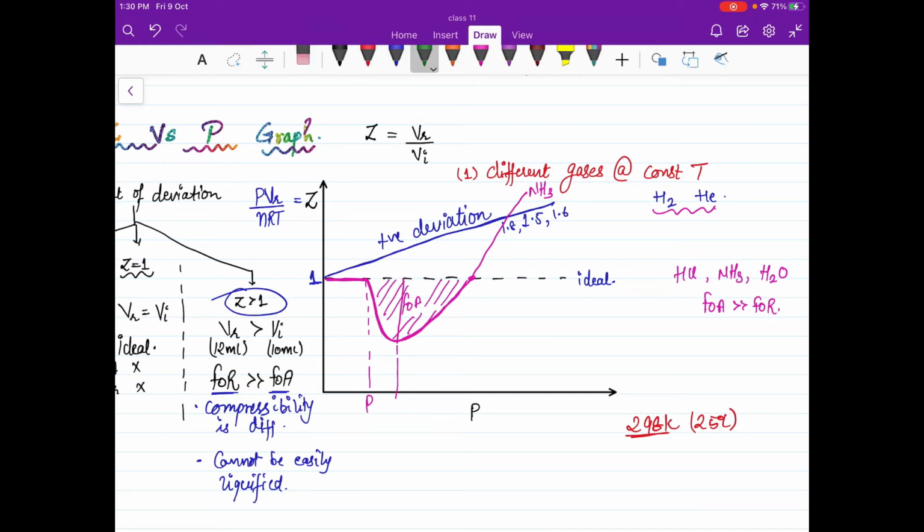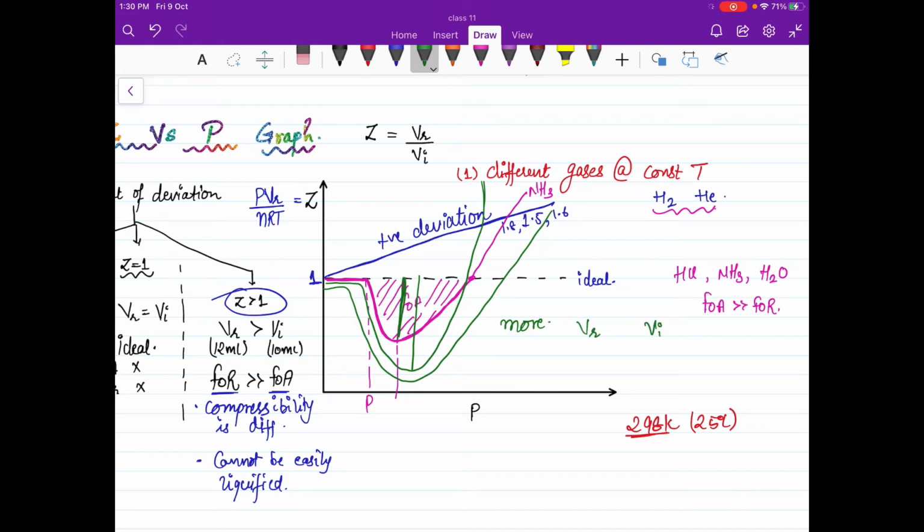That if one graph was like this, then the second graph was something like this. The third graph was something like this. So what do these depths of the graphs show? This shows that the higher the negative value, or I would say the lower the value of Z compared to 1, the more is the difference between V real and V ideal.